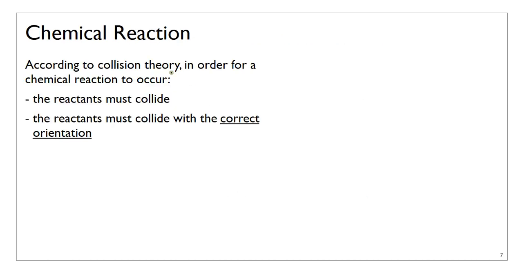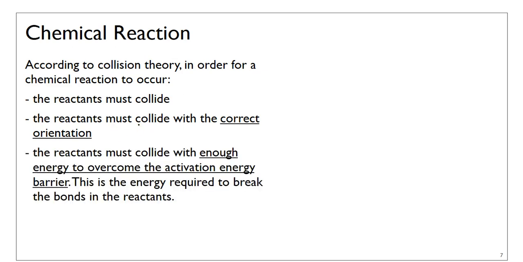So two conditions so far. The reactants must collide, but they also must collide with the correct orientation. The last condition, which we have actually talked about when we talked about energy, is that the reactants must collide with enough energy to overcome the activation energy barrier. And this is the energy required to break the bonds in the reactants. So if we go back to our example of A plus BC, so these are the reactants.